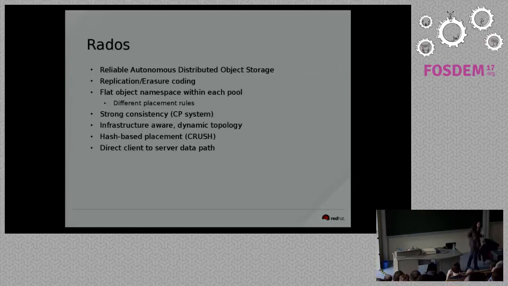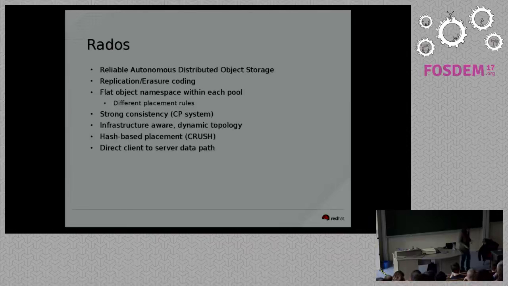So what Rados does, it does all the distributed stuff. So it does all the replication or erasure coding. It's a flat object namespace, and we have pools of objects, and we can configure each pool. It could be a pool of fast storage, SSDs, or a pool of slower storage with hard disks. It could be different replication, or it could be erasure codes.